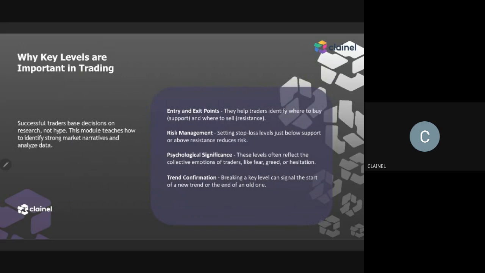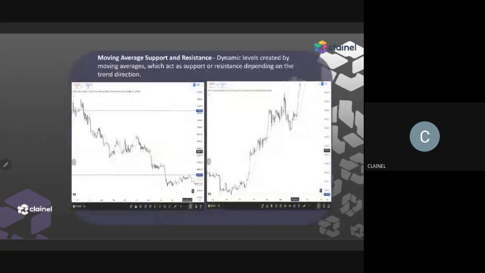why key levels are important in trading. Successful traders base decisions on research, not hype. This module teaches how to identify strong market narrative and analyze data, because whether you like it or not, the candlestick charts that we're seeing here represent buyers' emotions and sellers' emotions.